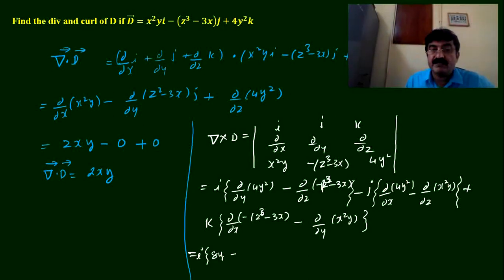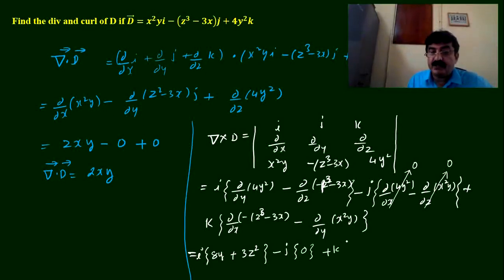So minus minus becomes plus, and with respect to z we are differentiating, it becomes 3z². First term over. Minus j into, with respect to x we differentiate here, it becomes 0. With respect to z we differentiate, again it becomes 0. So the second term is 0.